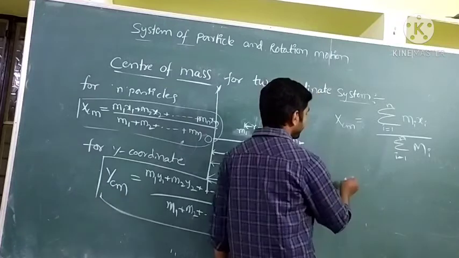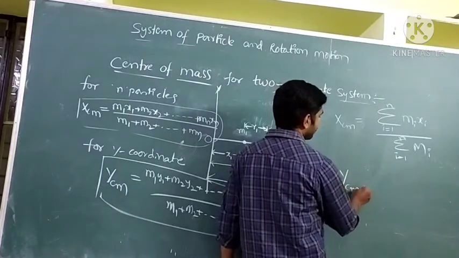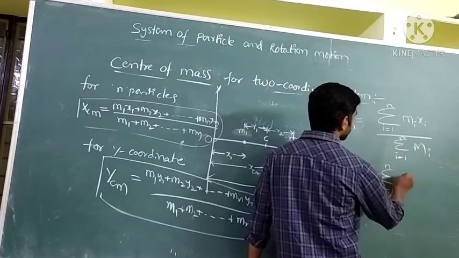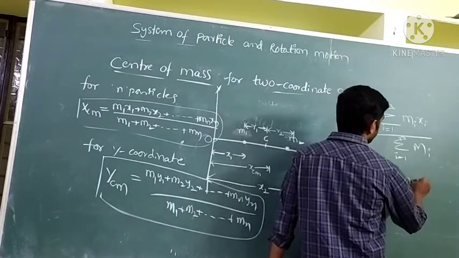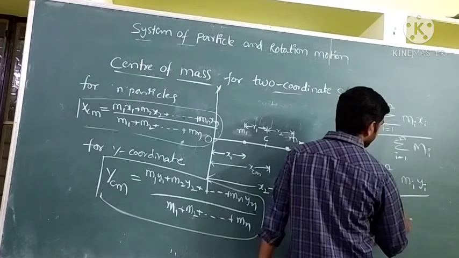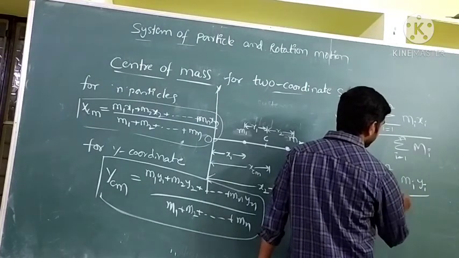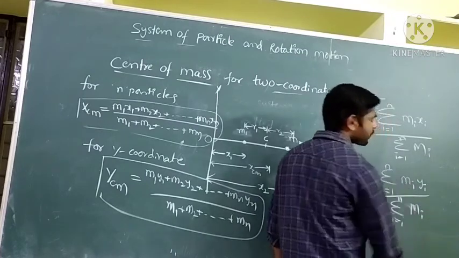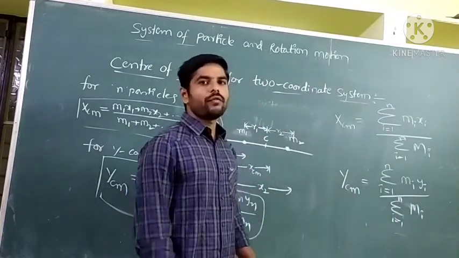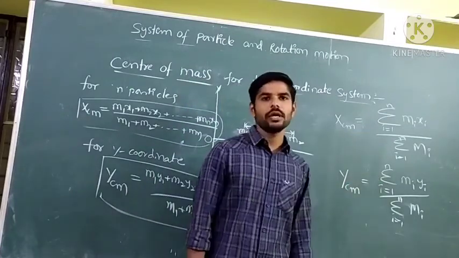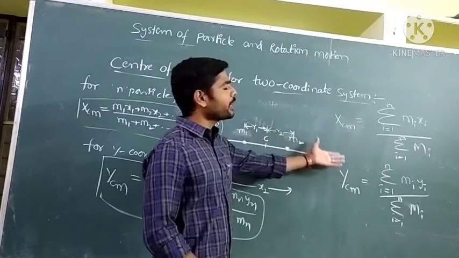Okay, for ycm, summation of i equal to 1 to n of mi yi, divided by summation of i equal to 1 to n of mi. This is for the y coordinate system, similar to the x coordinate system. We are taking the two coordinate system x, y above.